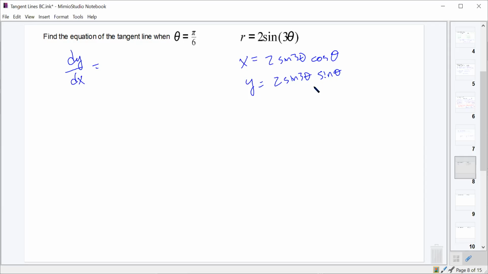Yeah? So dy dx ought to be dy d theta, which will be 2 sine 3 theta cosine theta plus sine theta times 6 cosine 3 theta. So 6 cosine 3 theta sine theta. Everybody good with dy d theta?